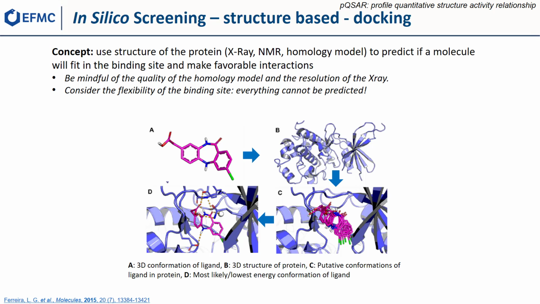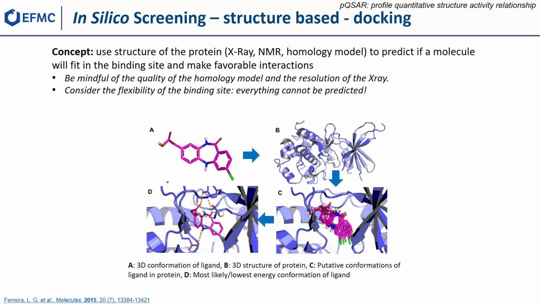Now, importantly, this is always followed by a step of manual inspection where you verify that what the computer has produced makes sense from an interaction and geometry point of view. This is a very powerful approach, but one has to consider a couple of limitations. First, it's important to have high-quality models, whether they're from homology models or from an X-ray structure.